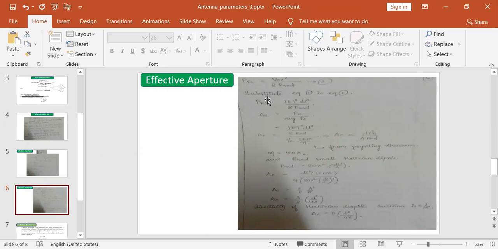If we substitute this equation 2 in equation 1, in place of V OC we have to substitute E into D L. So V OC square means E square into D L square by 8 R rad.